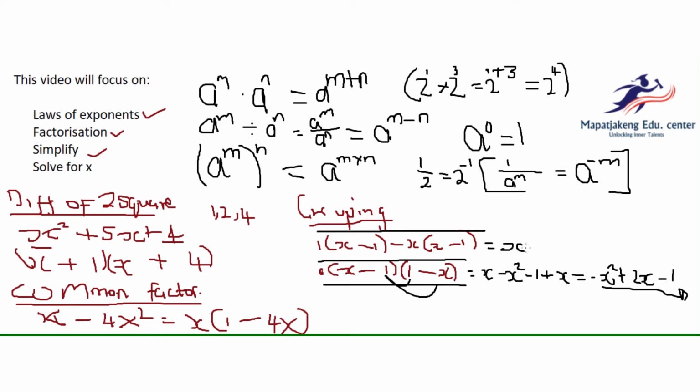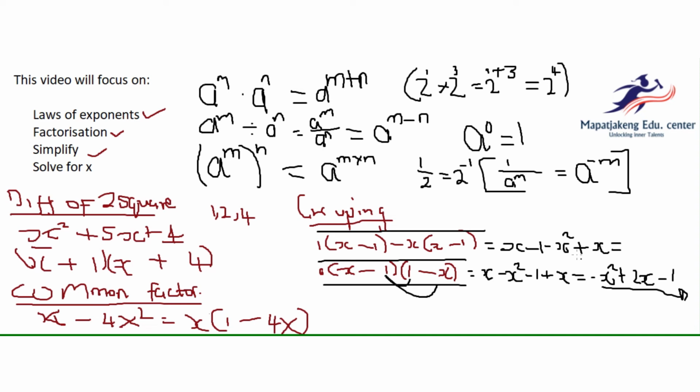Simplify, we are just making everything simpler, meaning 1 times x is just x, and 1 times negative 1 is just negative 1. Coming to this side, negative x times x is negative x squared. Then negative x times negative 1: negative and negative will be positive. Any number times 1 is that number.